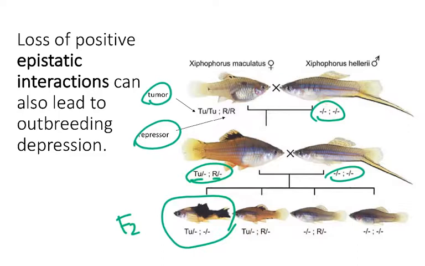So what happens here with this outbreeding depression is you have this tumor gene but no repressor gene. This fish actually has this overgrowth of tumors, which are shown here in black, because it lost that positive epistatic interaction with the repressor gene. And that was a result of breeding with another individual that was too genetically dissimilar. It led to outbreeding depression.